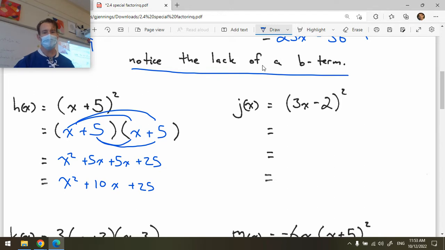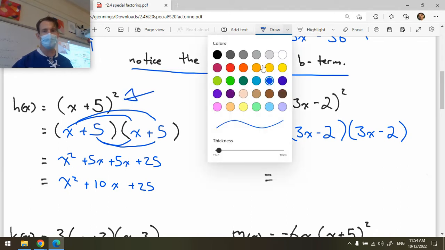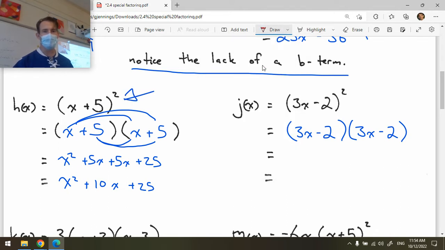Now let's try expanding j of x. If you've already done these, thank you for your patience as I go through for those of us that are still getting started. 3x minus 2 times 3x minus 2. Have a habit of writing these out as multiplications. If you just did 3x squared minus 2 squared, that would be incorrect. Notice that over here, the common mistake, and I'll do the common mistake in red so that you know not to do this, is to say that this is equal to x squared plus 25.